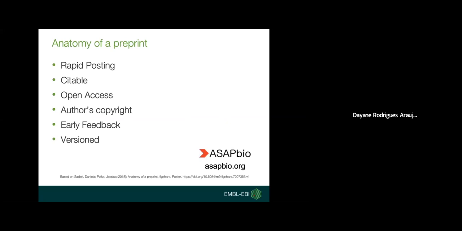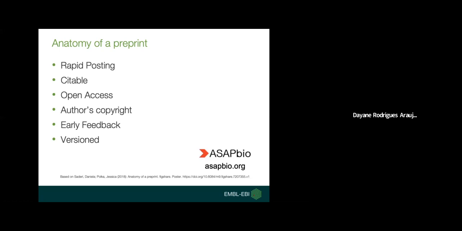Preprints are also citable. Most often they will be assigned an ID or DOI, a digital object identifier, which allows others to put them on grant proposals, cite them in articles, just as you would do for a journal article, and so on.